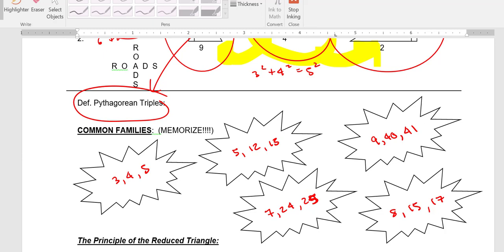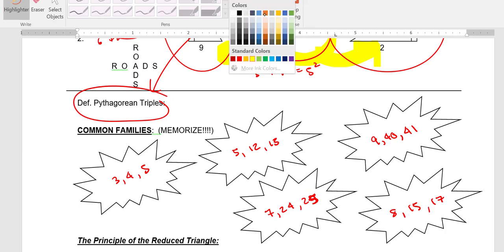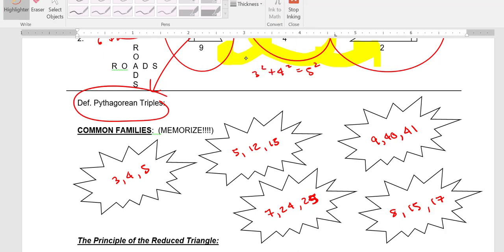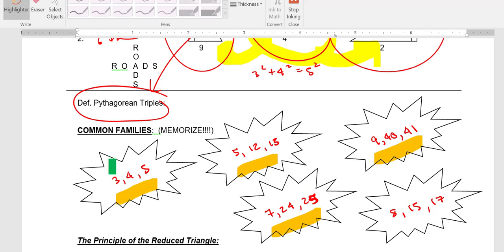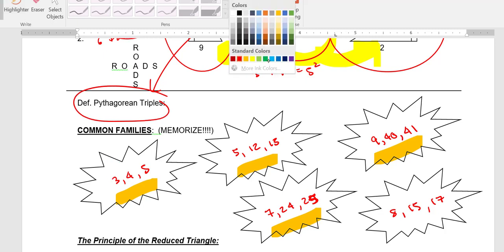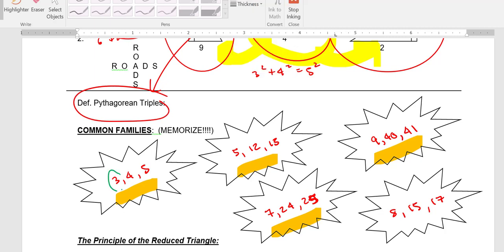Now, to memorize some of these, one way I do it is, if you look at this right here, 3, 4, 5, 5, 12, 13, 9, 40, 41, 7, 24, 25. If I take the first number and ask how that first number is related to the other two, so this number right here is related to 4 and 5.